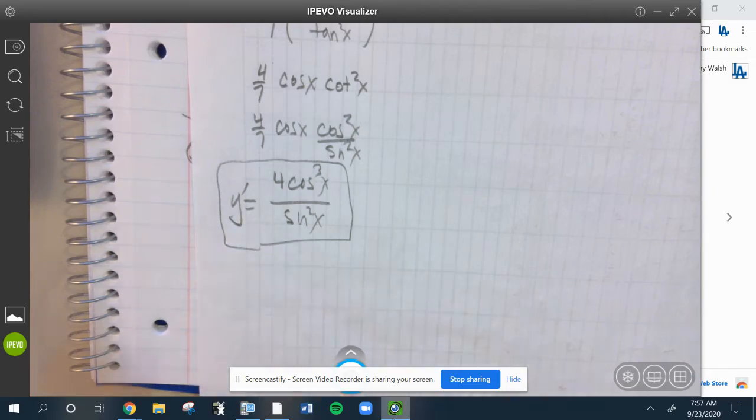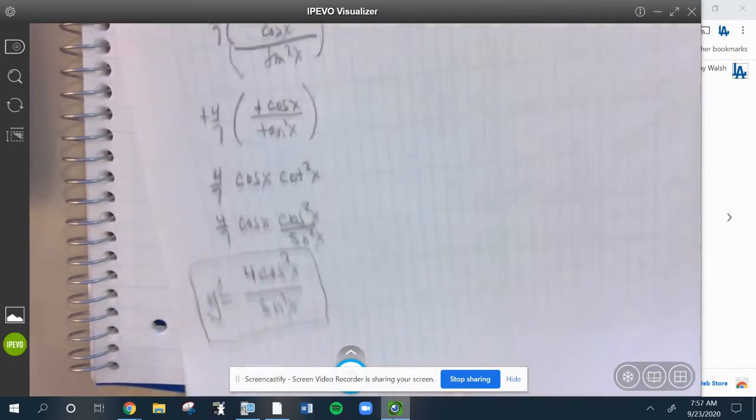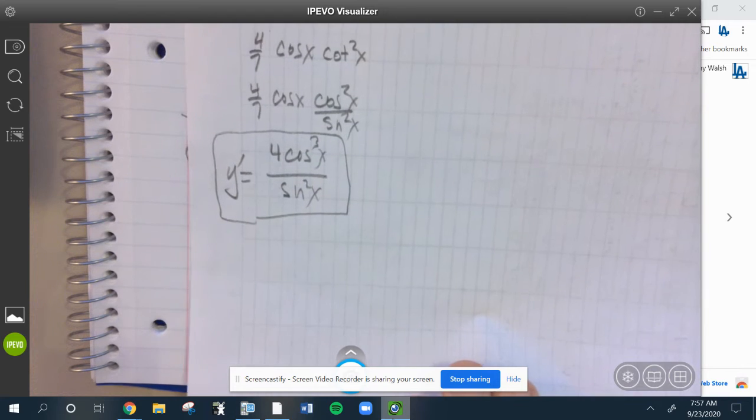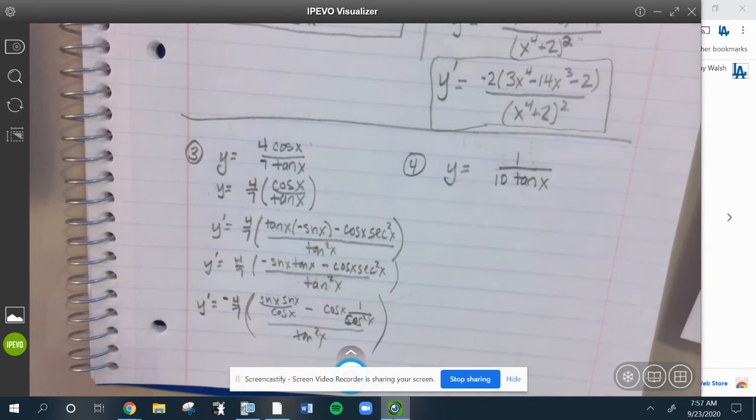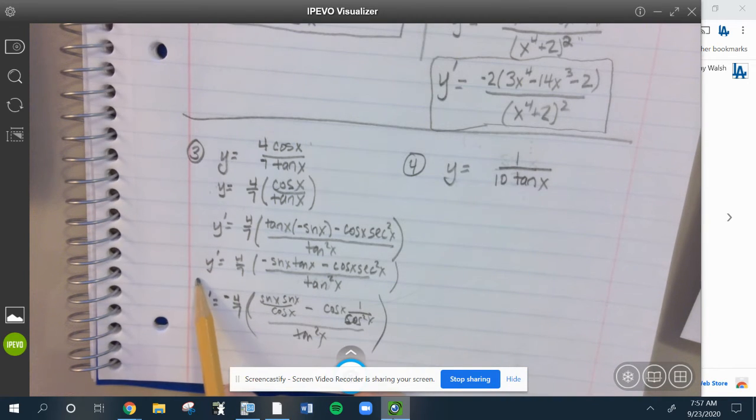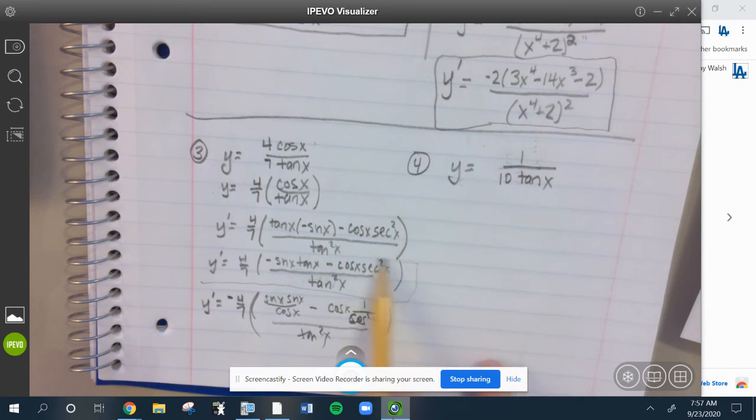So there was a lot of simplification that was involved here. It might frighten you a little bit. At this point, though, if you got this answer, you're good.